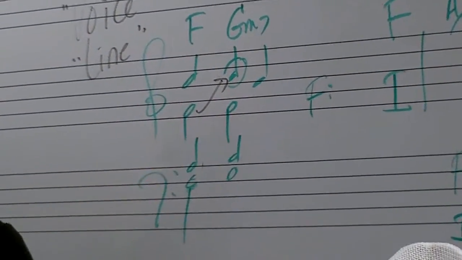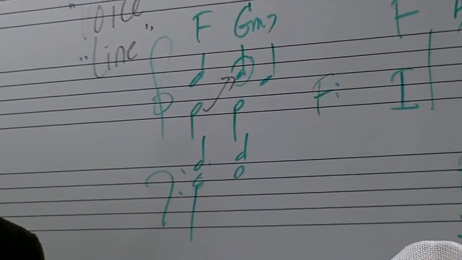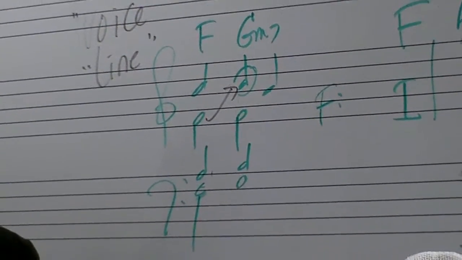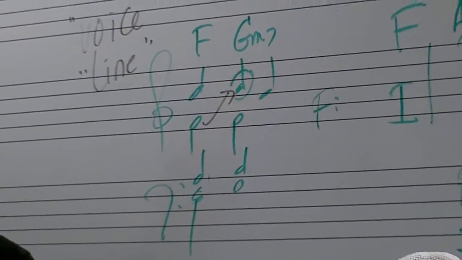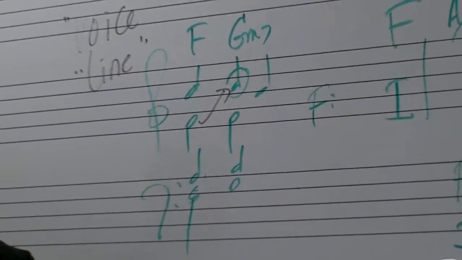Okay? Now, do piano parts have lines? They can. Look at this one. Can you see any lines in the piano part? Look at piano 1. How many lines do you see? 2.